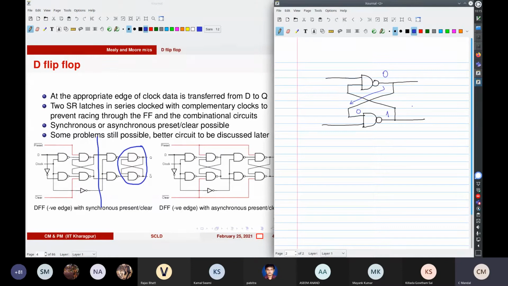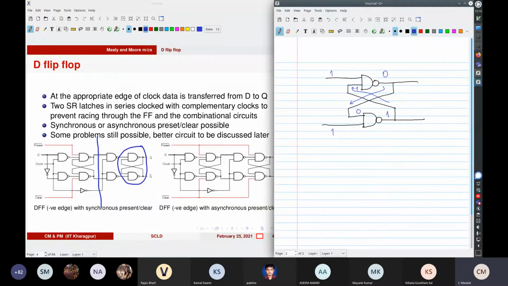So let us say you got a 1 here and 1 here because this is floating. Now you got a 1 here and a 1 here. This is going to feed over here, so you got a 1 over here and the output is again 0.